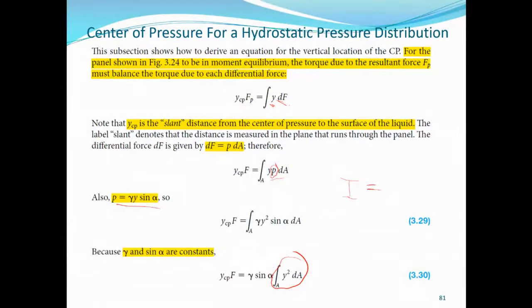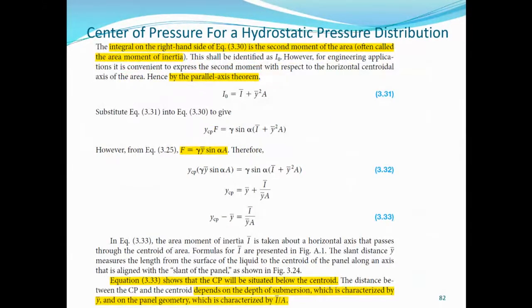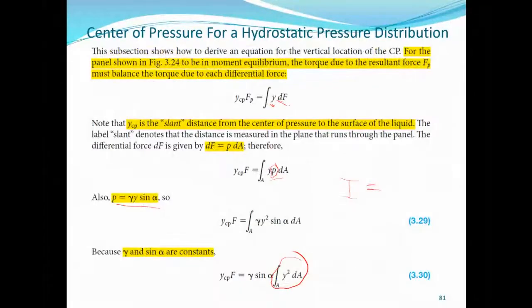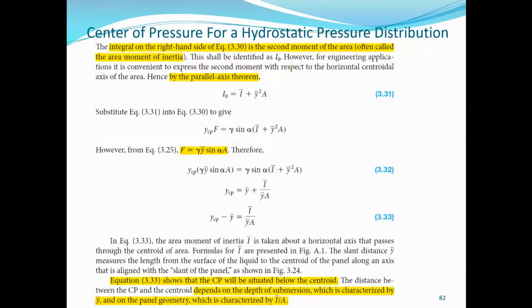The second moment of area is the integral of y squared dA. Now the second moment of area, or the area moment of inertia, is identified as I naught.